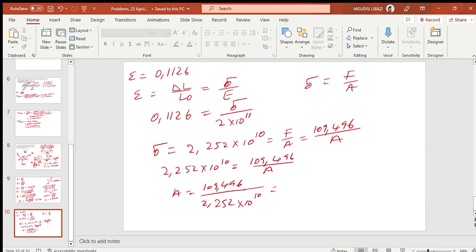Then I get 4.862 times 10 to the minus 9, and those are meters squared.